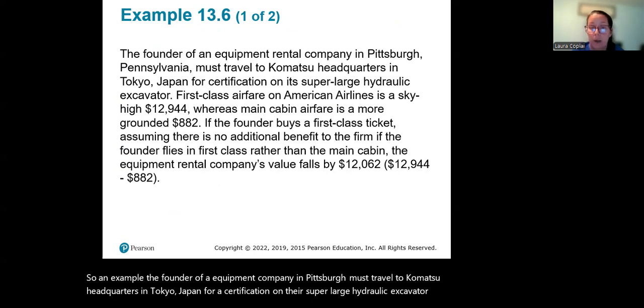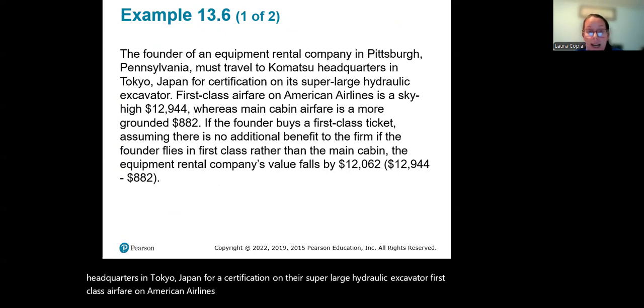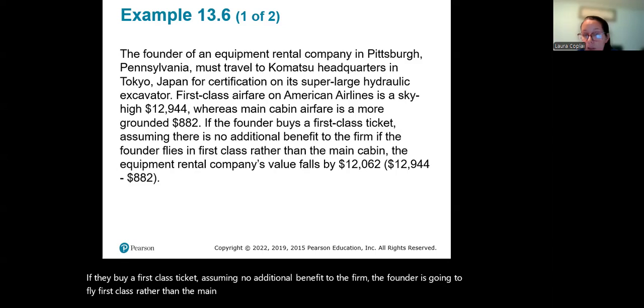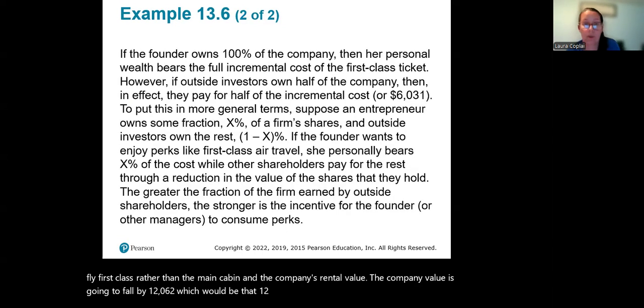First class airfare on American Airlines is sky high, $12,944, whereas main cabin airfare is more like $882. If they buy a first class ticket, assuming no additional benefit to the firm, the founder is going to fly first class rather than the main cabin, and the company value is going to fall by $12,062, which would be that $12,944 minus $882.